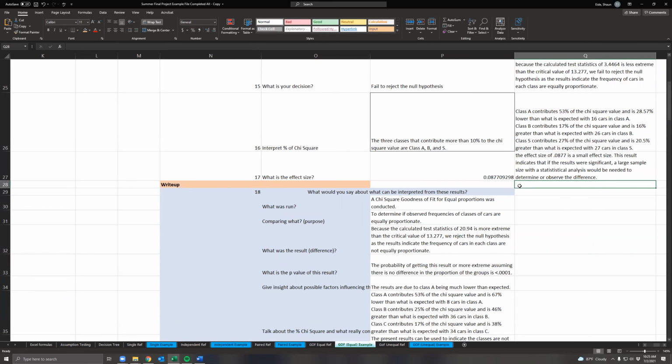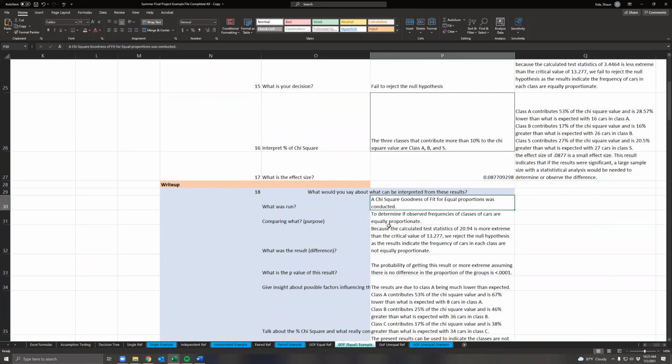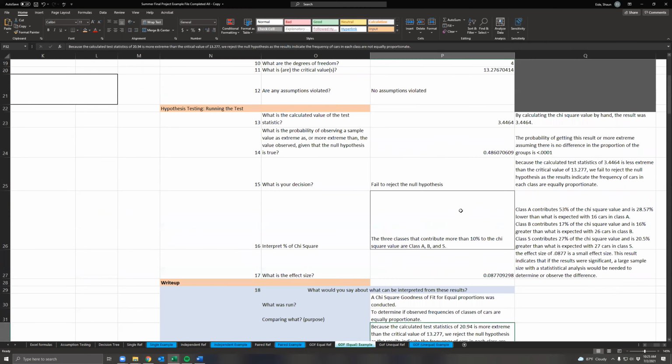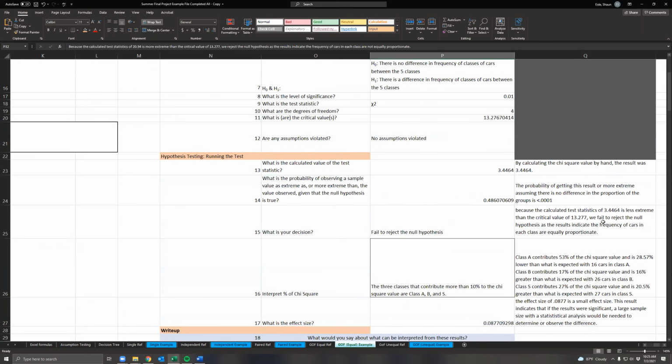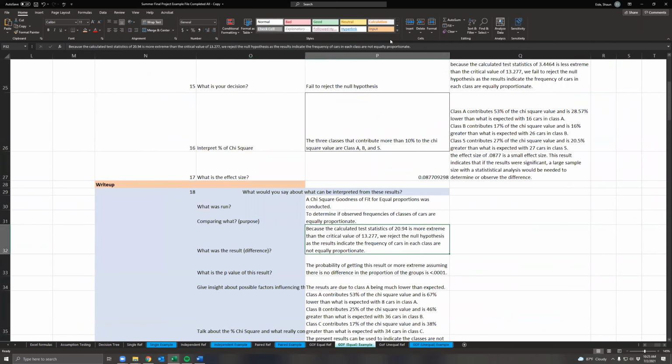Next, this is what you're doing in your group. What was run? A chi-squared goodness of fit, comparing what to determine if the observed frequencies of classes are equally proportionate. Once again, we're just copying and pasting from up above. Because then what was the result? We're just going to copy and paste this, Control C, and put it right here.